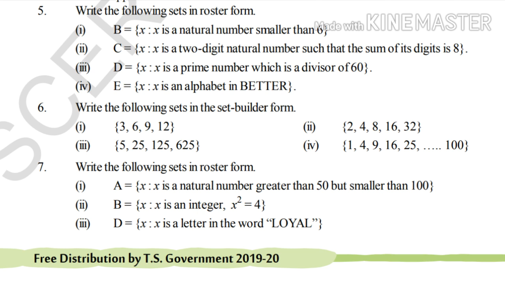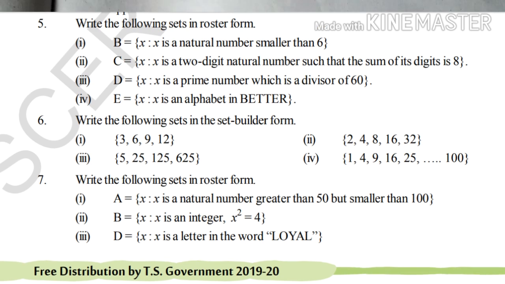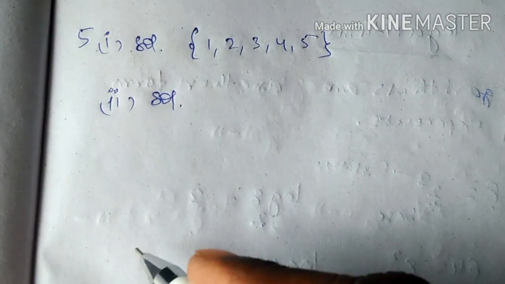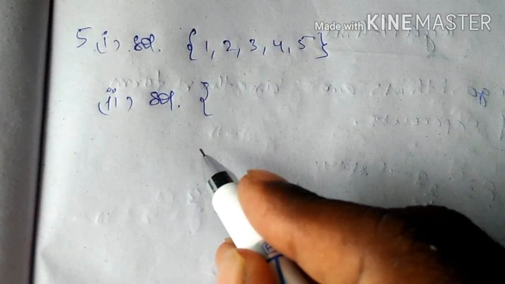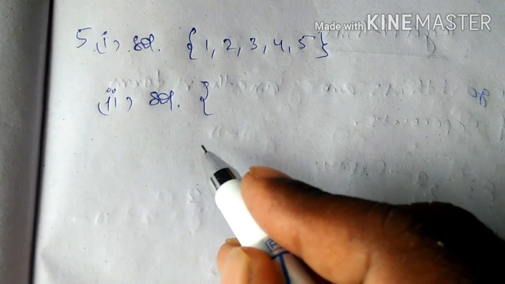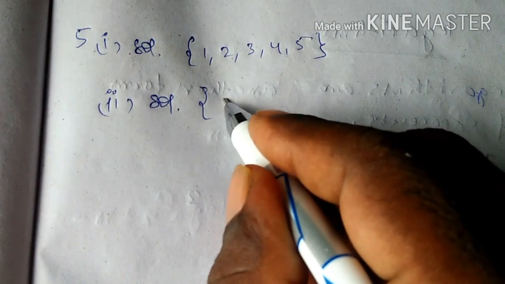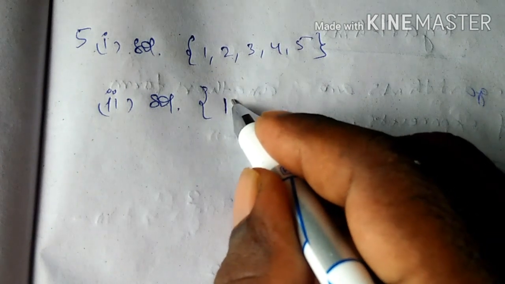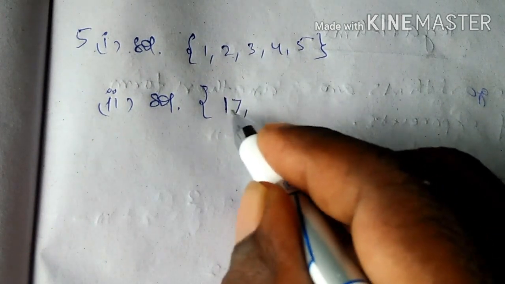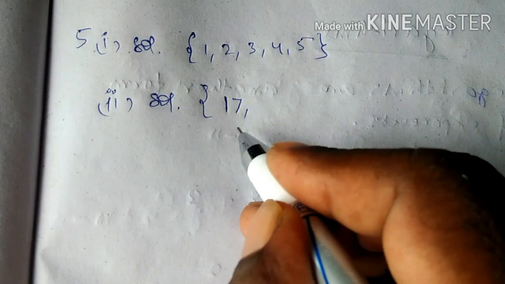So let's go to the right answer. Second problem. Solution. Two-digit numbers start from 10. So if you write 1 in the 10's place, you have to write 7 in the 1's place. If you add 1 plus 7, it is 8.